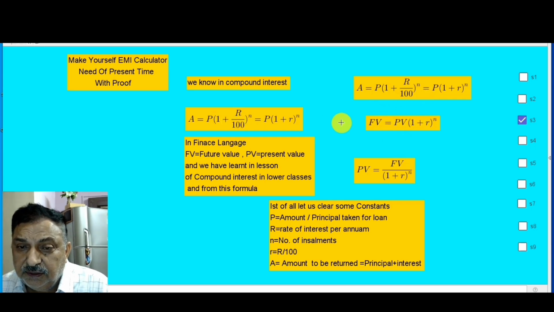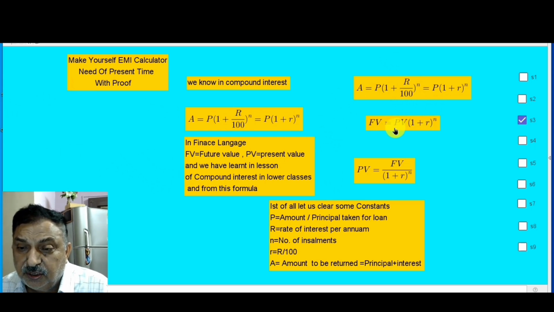Therefore in finance language, future value is equal to present value into (1 plus r) power n. FV means future value, PV means present value, and this is the formula of compound interest we learned in lower classes.